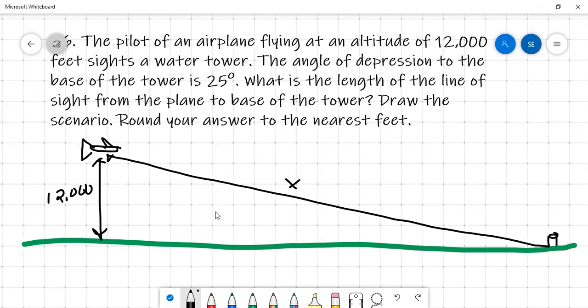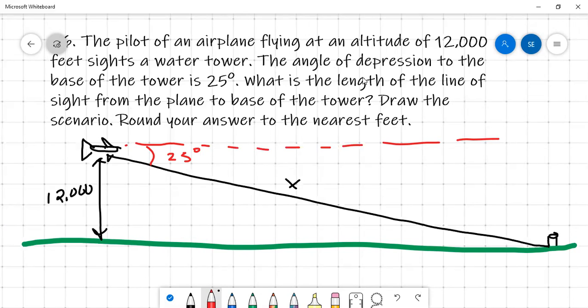Okay, so this angle of depression, we want to draw a horizontal line here. That's this angle. They say that this was 25 degrees. Okay.